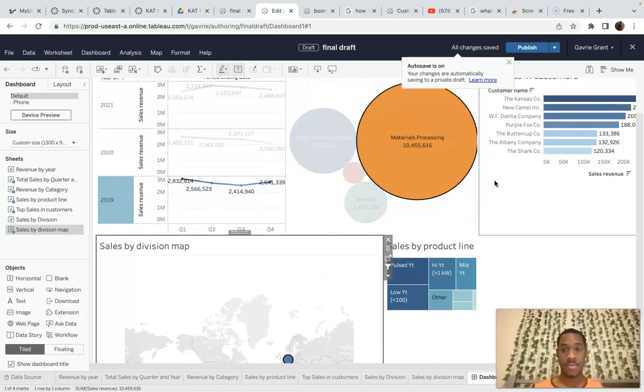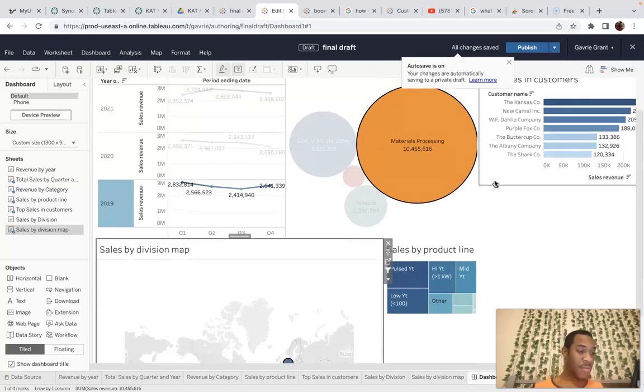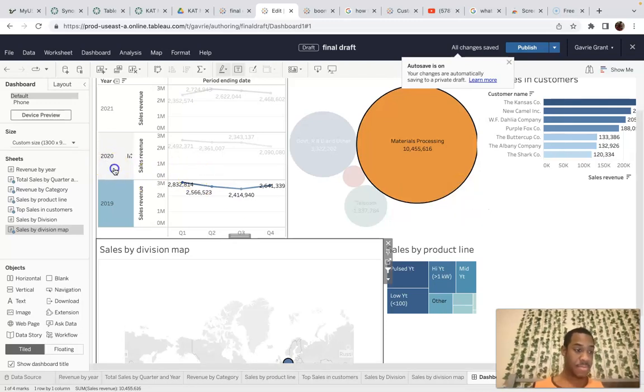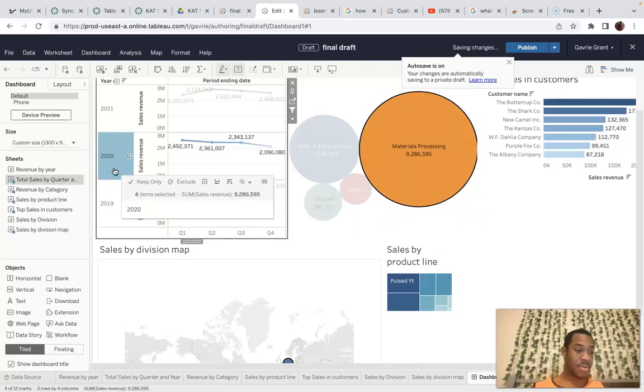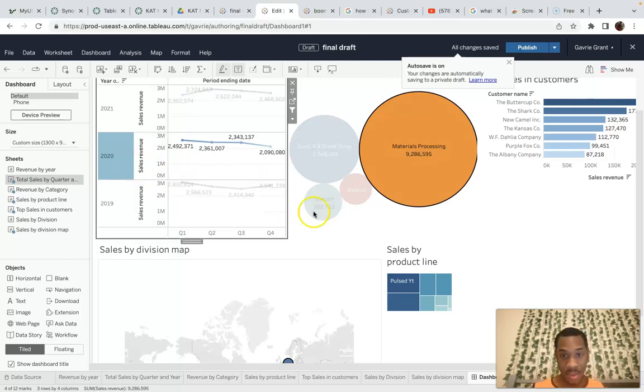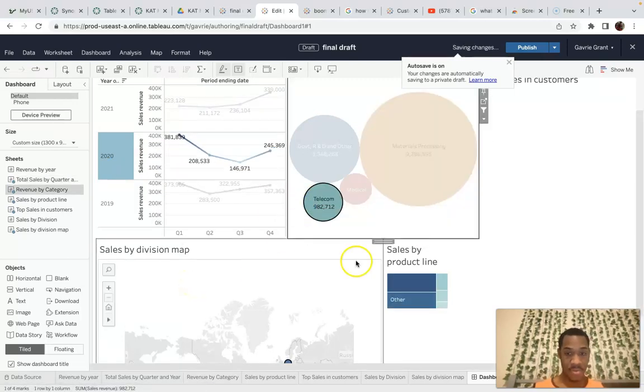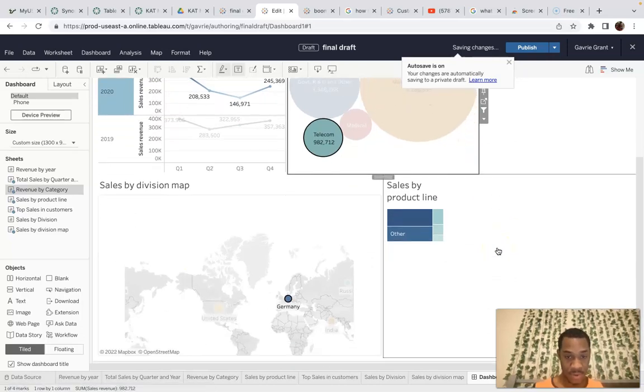Number 5. In 2020, which quarter had the highest sales in telecom category under the UK division? And what was the amount in dollars? So in 2020, we're going to search for the UK division.